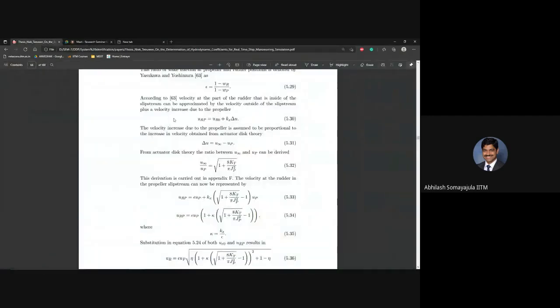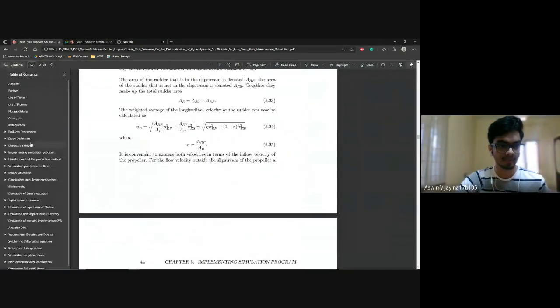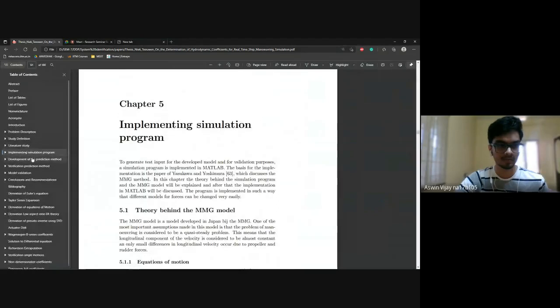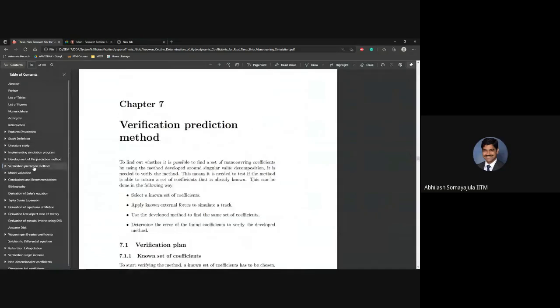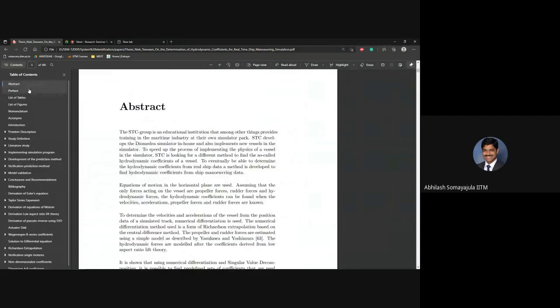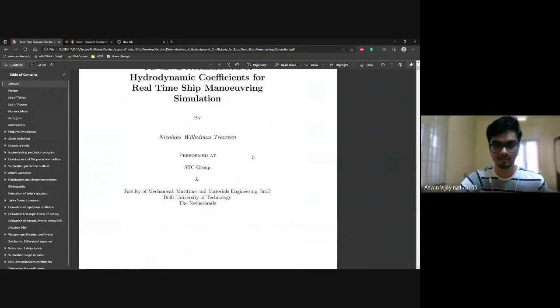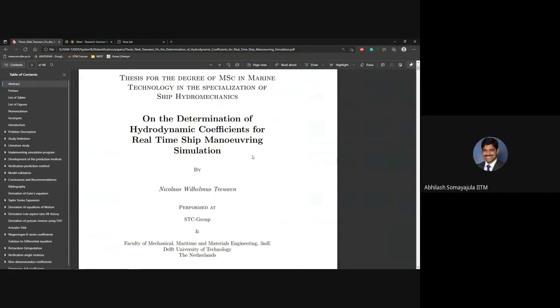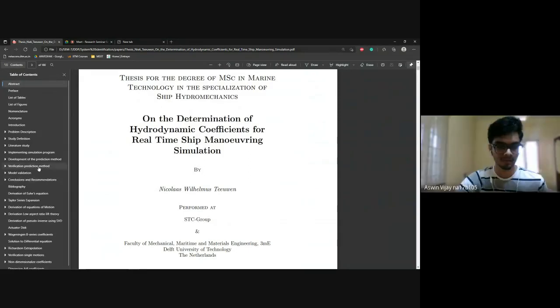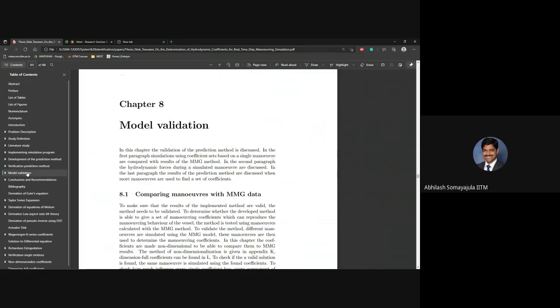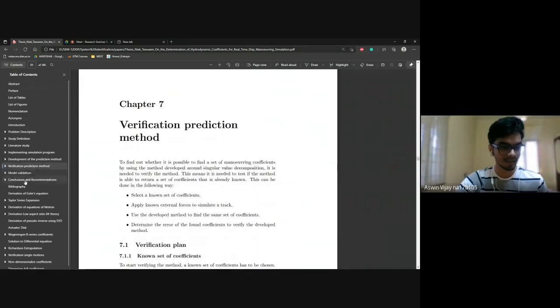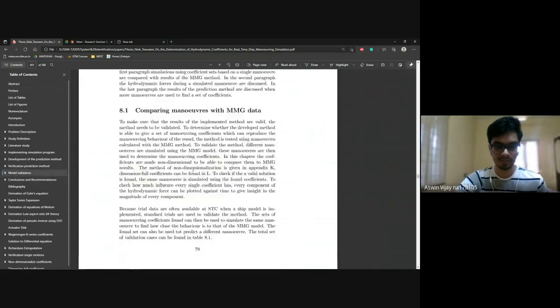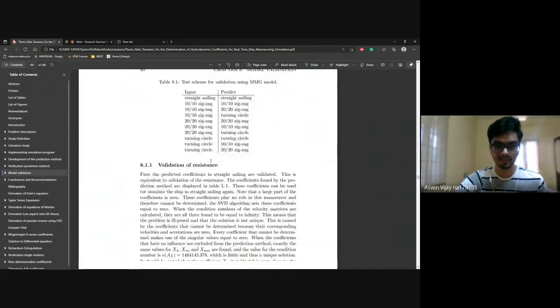Any other questions, doubts? This is the other paper that I found. Whose thesis is this, and where is it from? TU Delft. Who was his advisor? He actually did the model comparing maneuvers with MMG data.